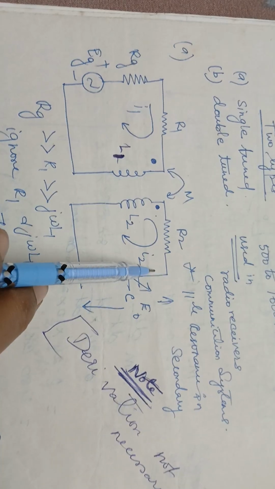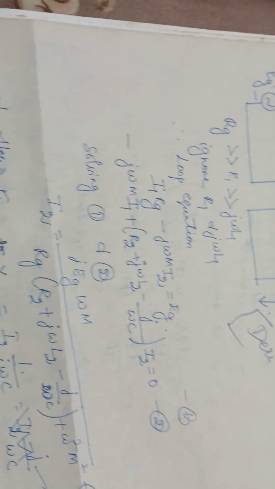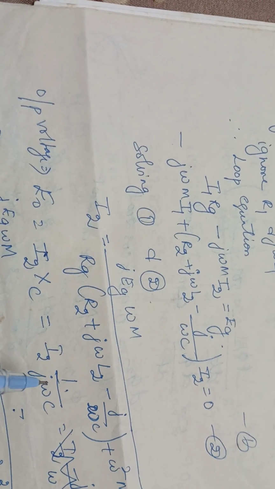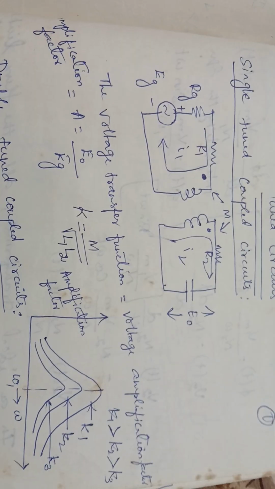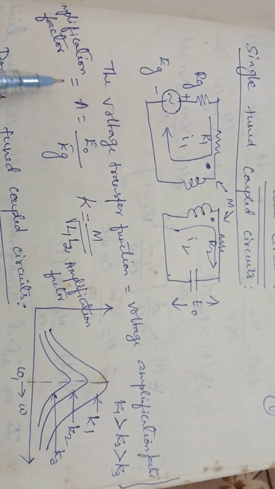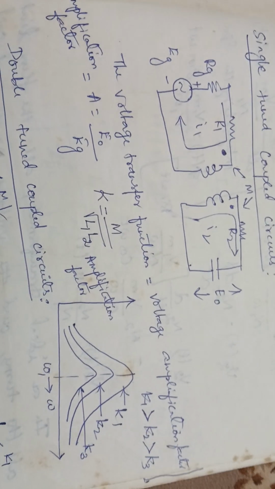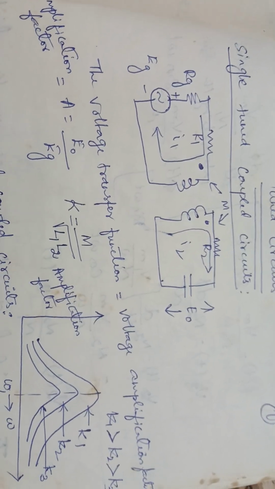The output voltage is the capacitance voltage, which is nothing but the current I2 into XC. Substituting this value, we get the E naught value. Here we are finding the amplification factor: A is equal to E naught by EG.